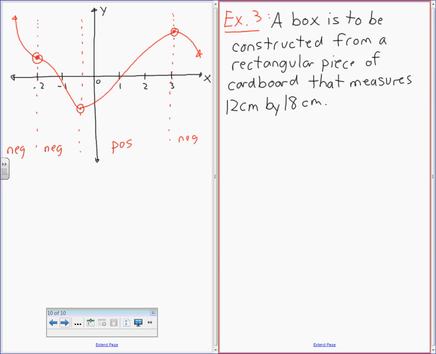Equal squares of length x are to be cut from the corners and the 4 sides folded up.